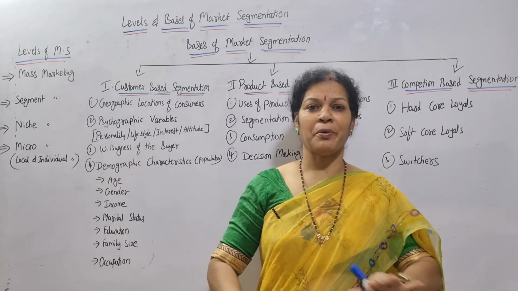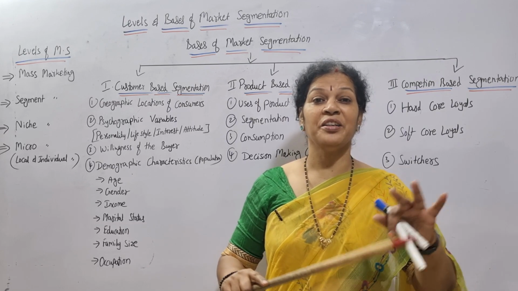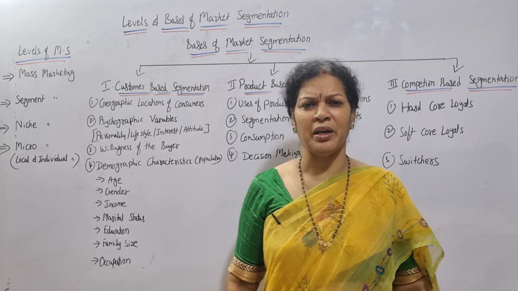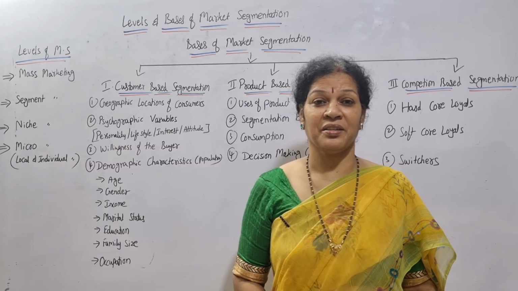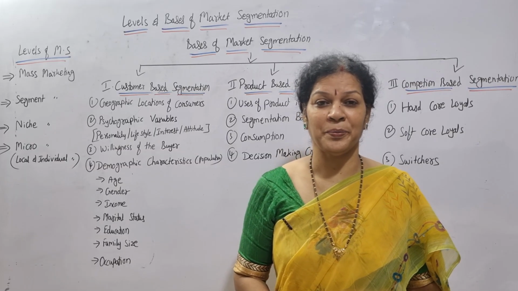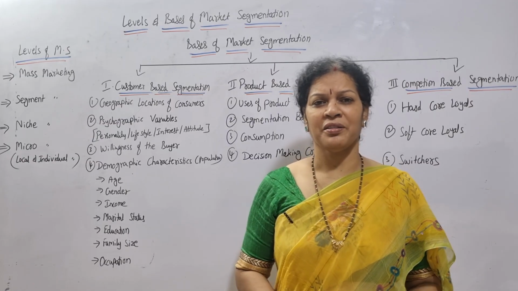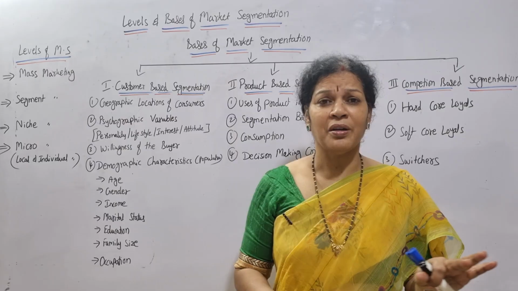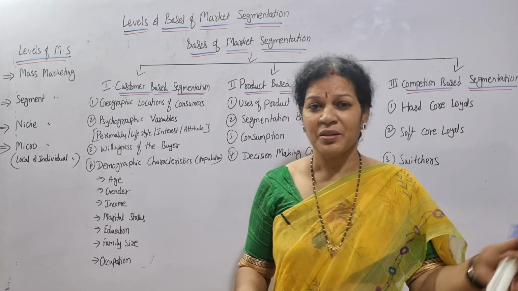Mass marketing means our product is available worldwide or country wide, in many areas, and many people are buying this product. For example, tea powder, toothpaste, detergent powder or bath soap are available worldwide.